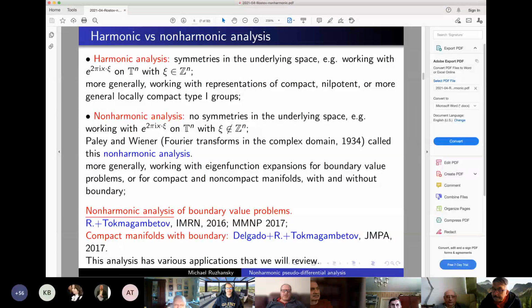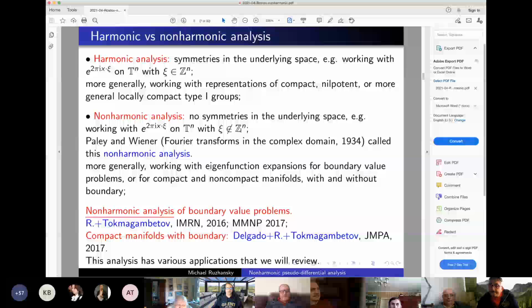They were still on the torus Tn, and they worked with exponential functions like this, but they considered Xi not in the integer lattice. So somehow they work with different functions, because non-periodic functions. Xi is not in the lattice, and then they talk about non-harmonic analysis.